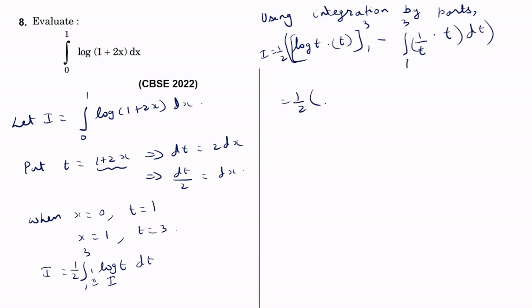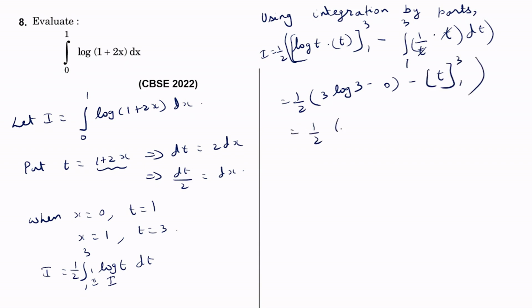So this is half into, if we substitute the upper limit, it is 3 log 3, minus when we substitute the lower limit, it is 1 into log 1, which is 0, minus here it is integral dt, which is t, with the limits 1 to 3.